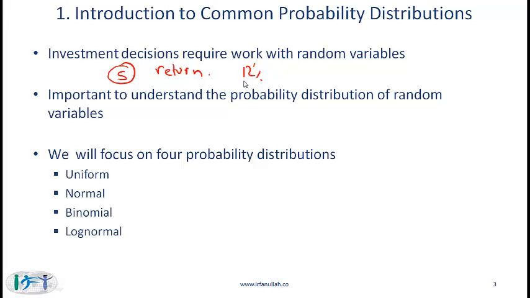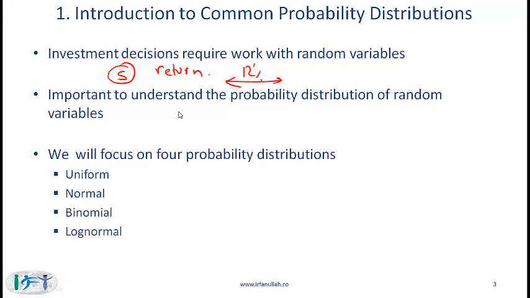It simply means that we are expecting 12%, and the actual return will vary around 12%. It might be more, it might be less, it might even be negative. So the return is a random variable, and it is important for us to understand how this random variable might be distributed or spread out, and that is what we will be studying in this reading.